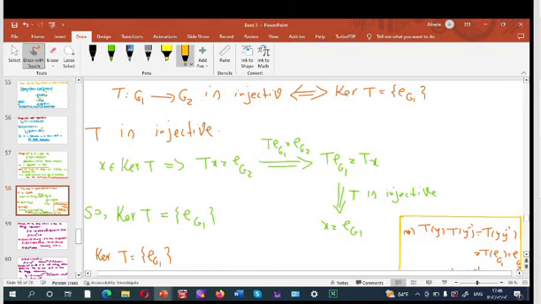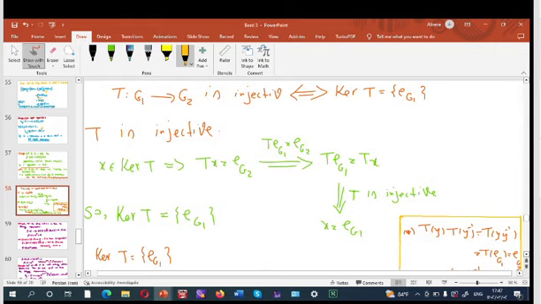But we know that E of G2 is equal to T of E of G1. So T of x is equal to T of E of G1. But T is injective by our assumption, so E of G1 must be equal to x. So any x in the kernel of T is the identity element, and we have this equality.